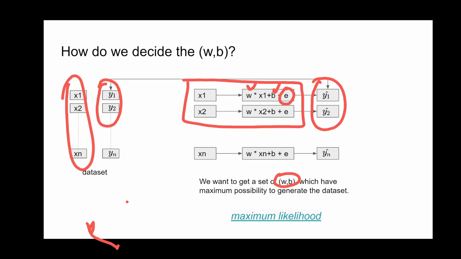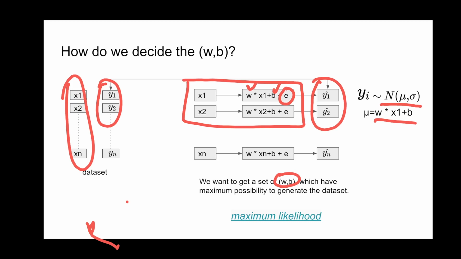But since this is a random error term, instead of defining a formula, we define a distribution instead. So it means that instead of using a formula to predict the price, we use a normal distribution here, whose parameters are the mu and the sigma.